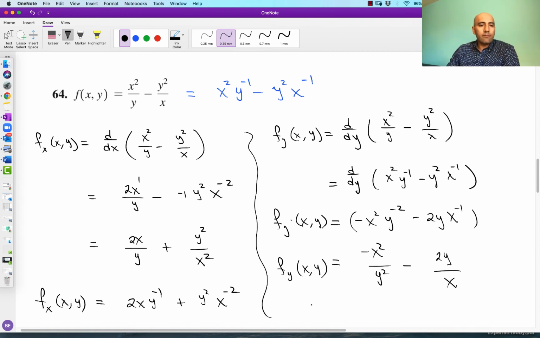Okay, so now that we have both of the first order derivatives, we have to find the subsequent second order derivatives.